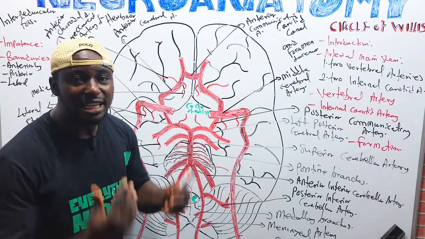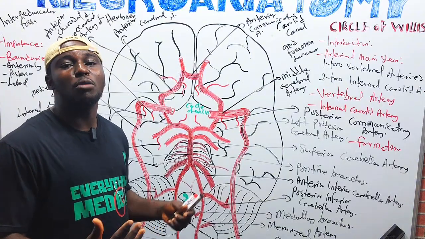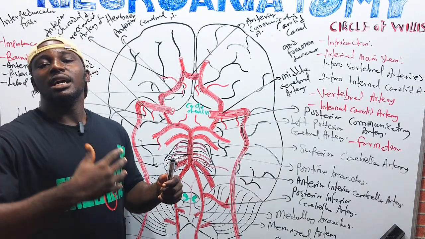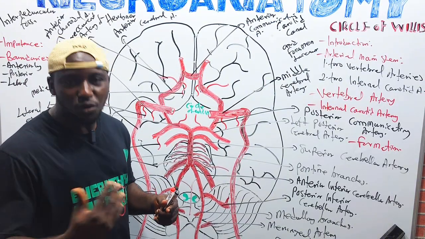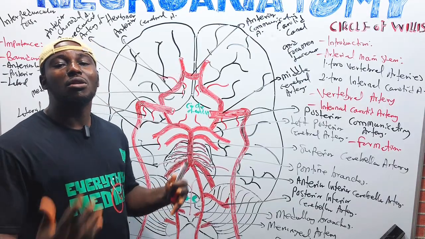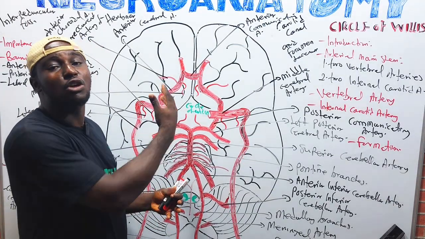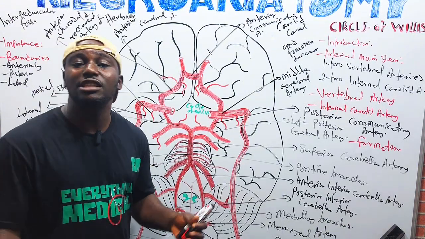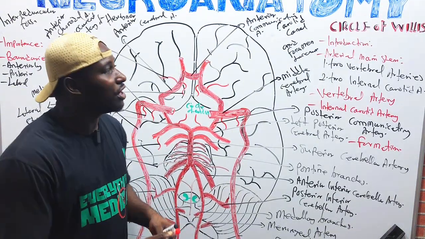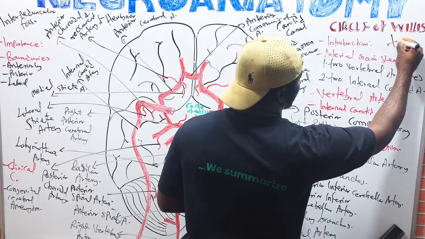Thereby, it will loosen its strength, becoming abnormally dilated. So we call it congenital cerebral aneurysm, due to absence of the tunica media.